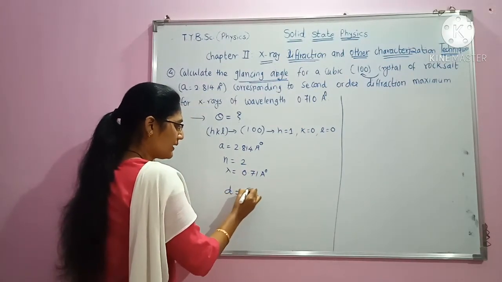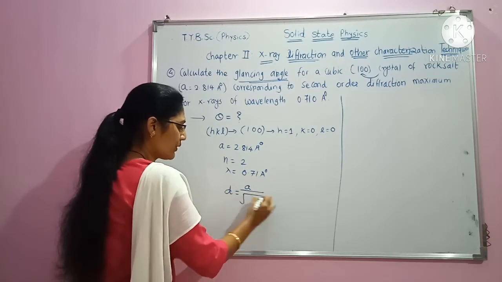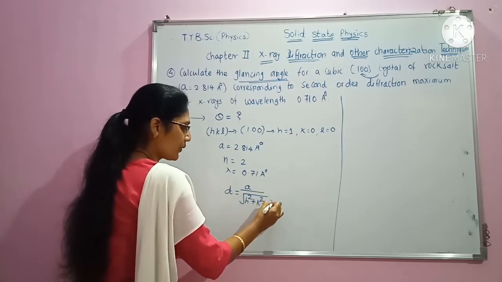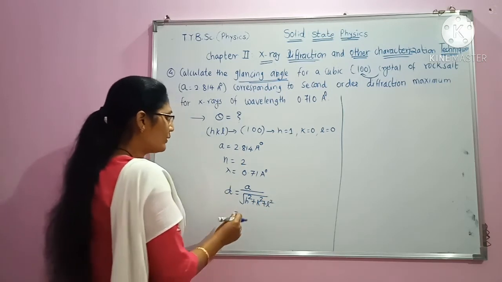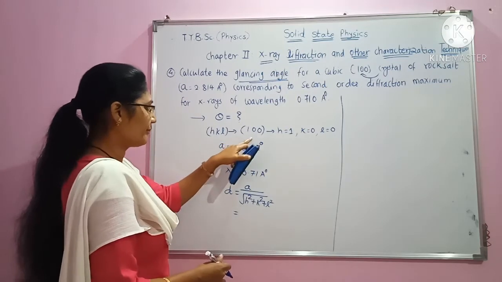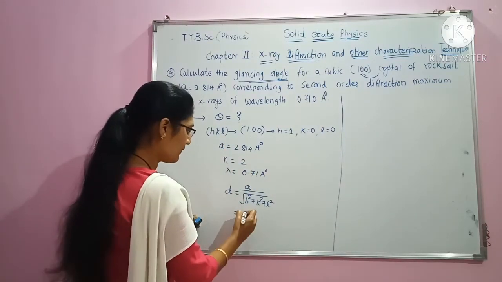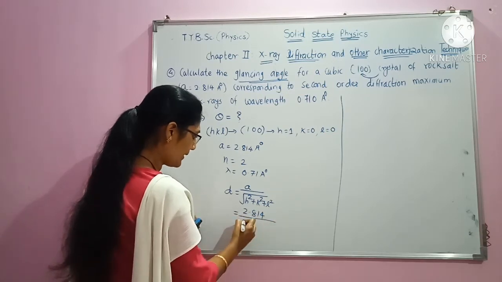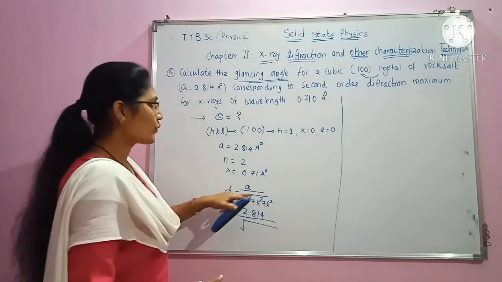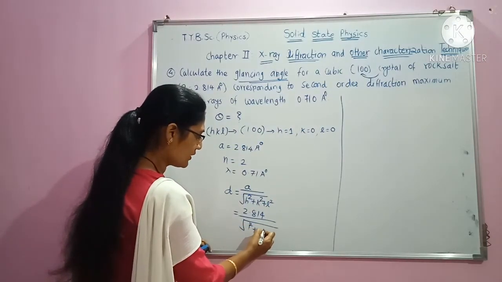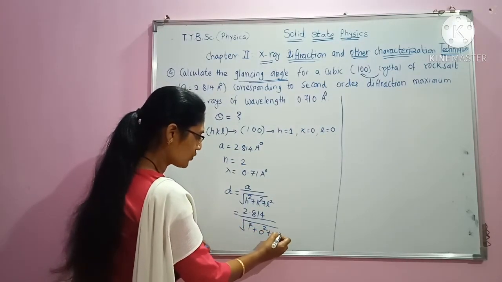We know that d is equal to a upon square root of h square plus k square plus l square. Now substitute the value of a and HKL. Value of A is given as 2.814 divided by square root of h square means 1 square plus 0 square plus 0 square.